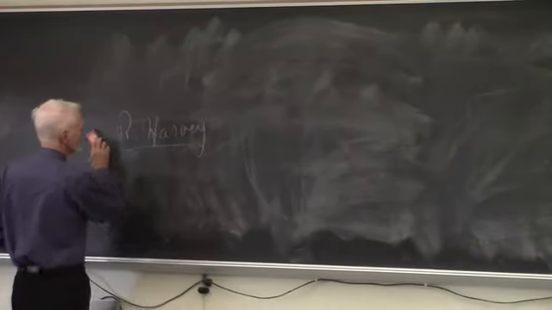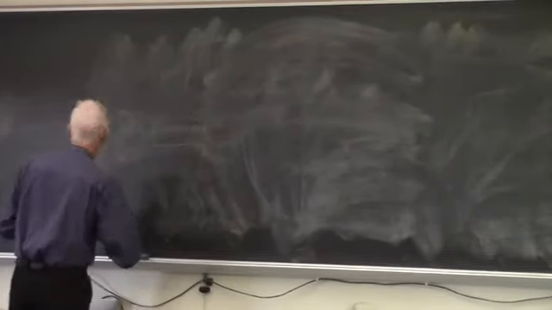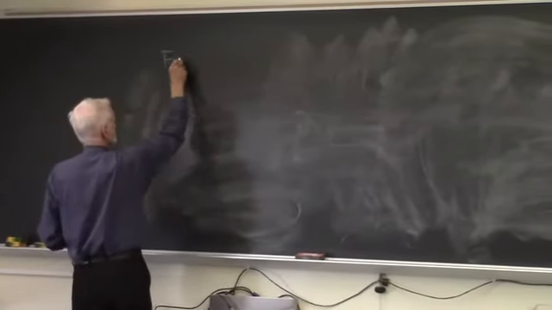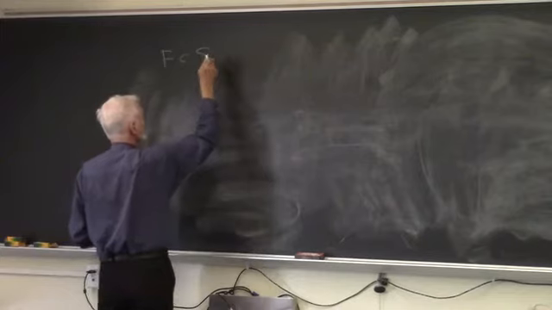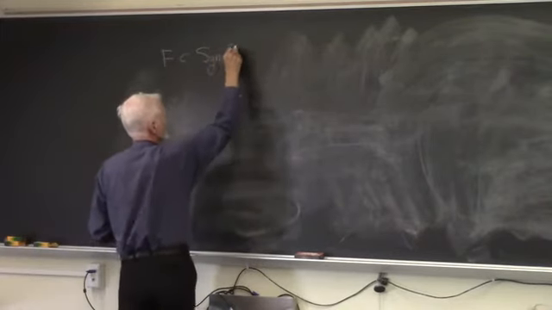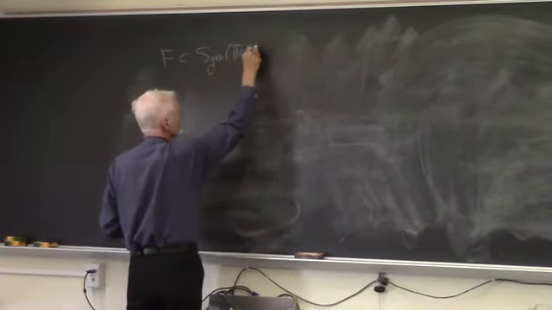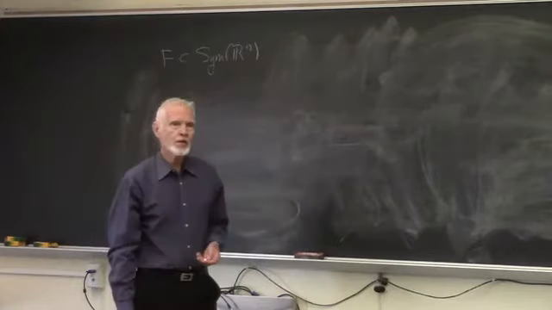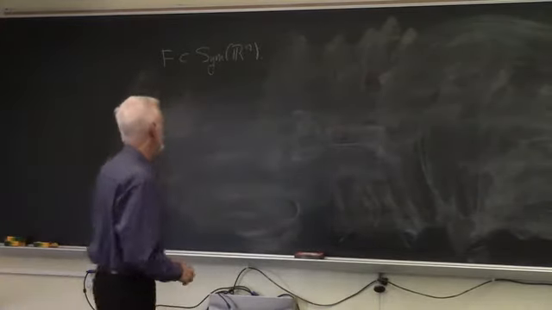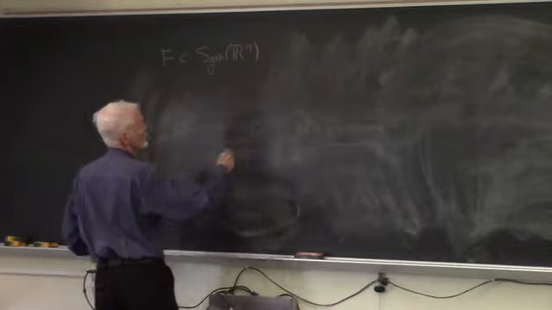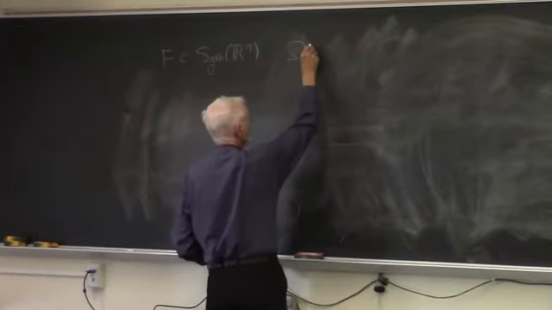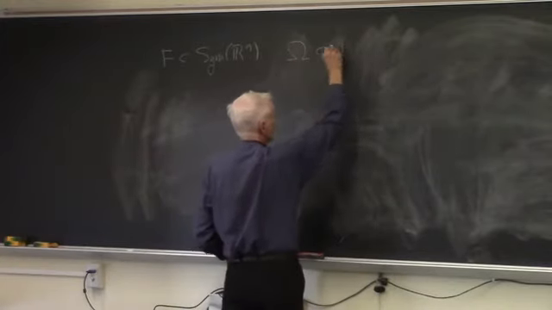So I'm going to start with something extremely simple. Namely, I'm just going to take a closed subset F of the space of symmetric n by n matrices, and think of this as a constraint set. Then we fix an open domain in R^n.